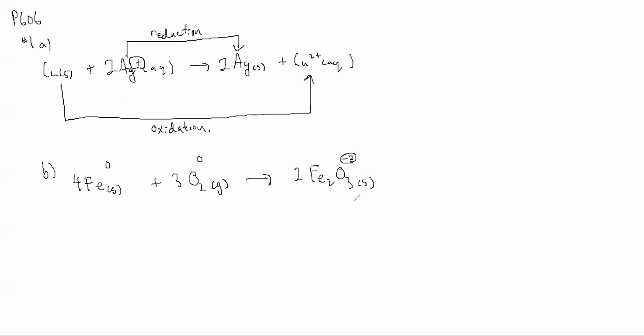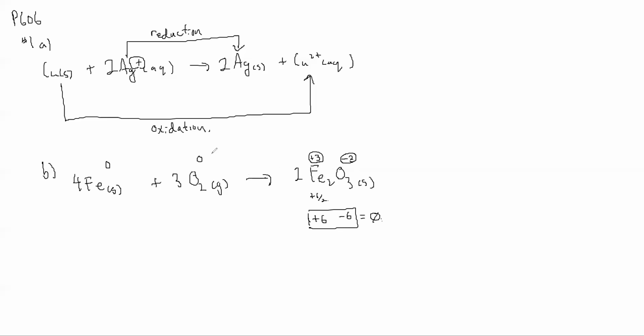I have 3 of them, which means the oxygen portion of this molecule will provide -6. I have 2 irons. If I want all of the oxidation numbers to give a balance of 0, that means iron alone must be +6. I have 2 irons, so I'm going to do the +6 divided by 2. The oxidation number of iron, each of them, is going to be +3.